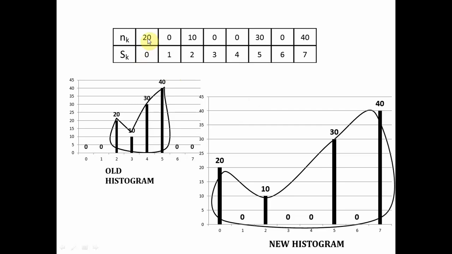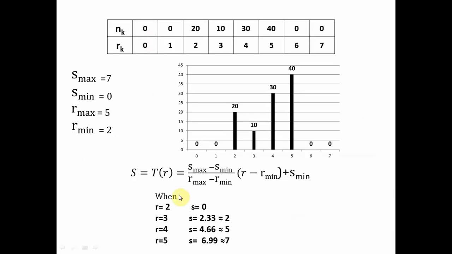Now 0 repeats 20 times because 2 has 20. Now you have a new input gray level, that is 0. Now 2 will be represented at 0 in the output because you have stretched.